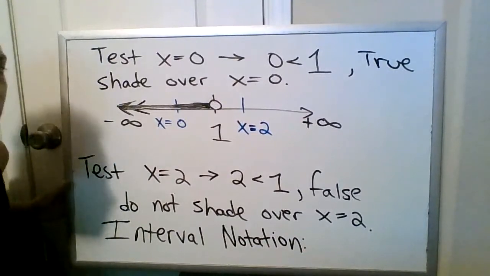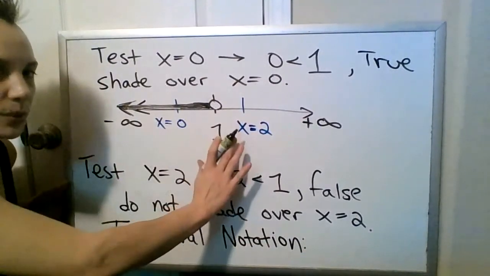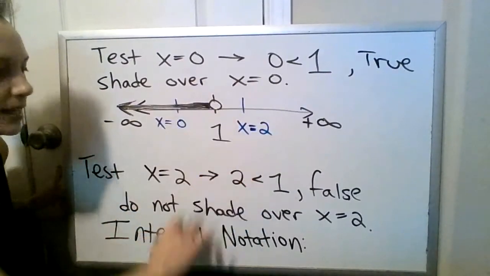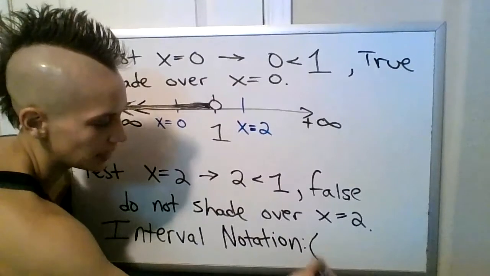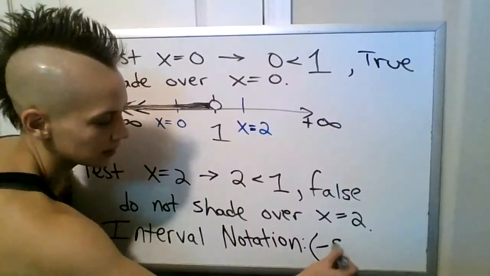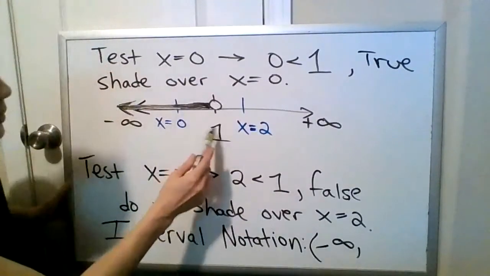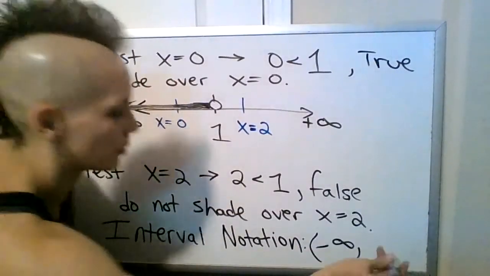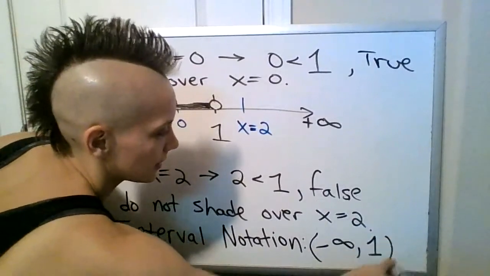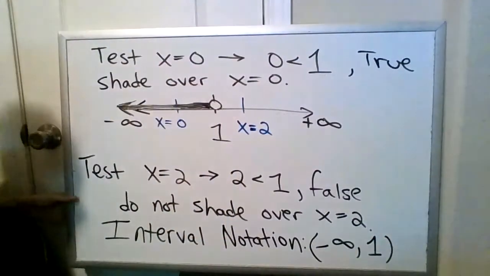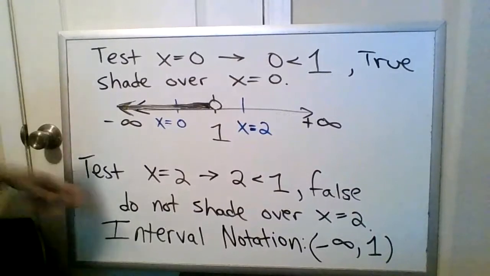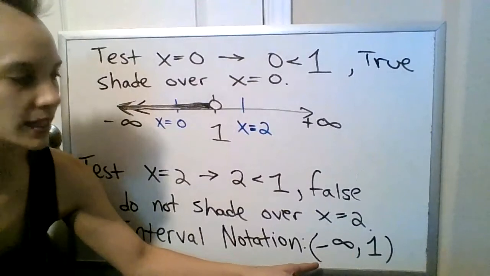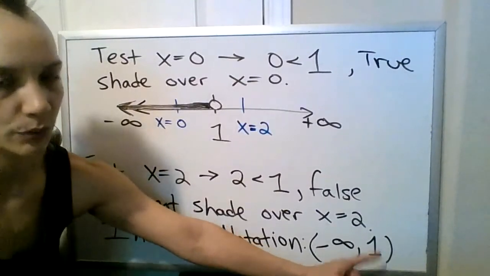So the set goes from the smaller value over to the larger one, which means we want to go from negative infinity to 1. And you never include negative or positive infinity. In this case, we don't include 1, so it also has a soft bracket or parenthesis. So this here is saying that we have a set that starts at negative infinity and ends at 1 and doesn't include 1.